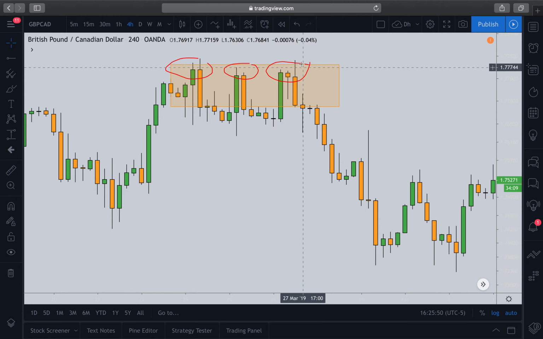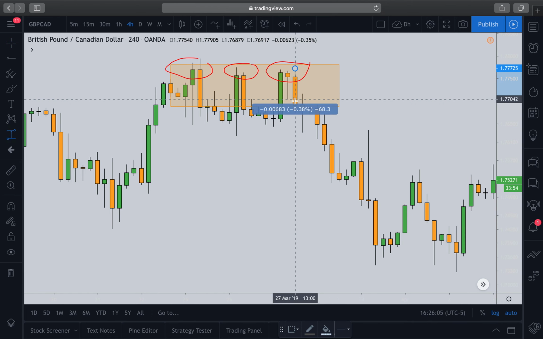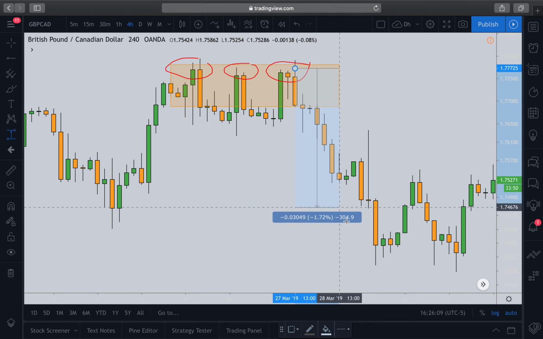And as soon as it started wicking out is when you could have taken the sell, because you knew at this point price was not breaking this high, and you could have taken the sell. First candle gives you well over 100 some pips. Excuse me, 80.